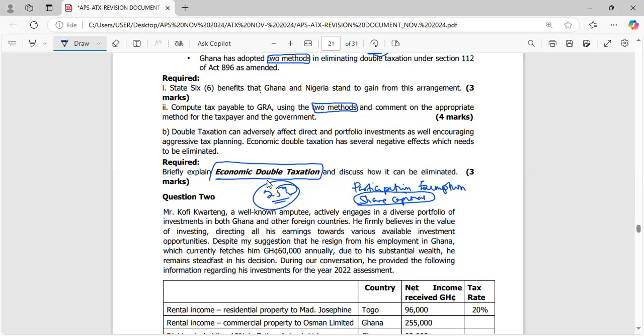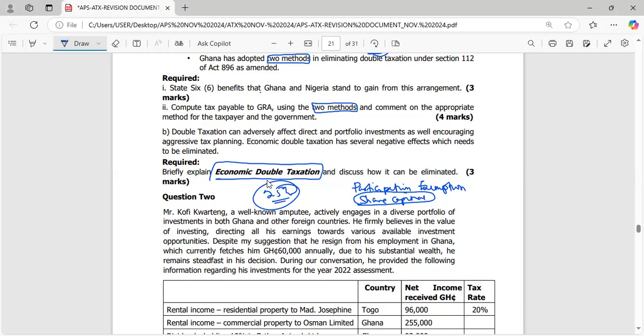It will be exempted from the withholding tax. So that's one way of eliminating economic double taxation. Dividend paid by a resident company to another resident company, whereby the receiving company controls at least 25% of the voting power of the company paying the dividend, will be exempted from withholding tax.